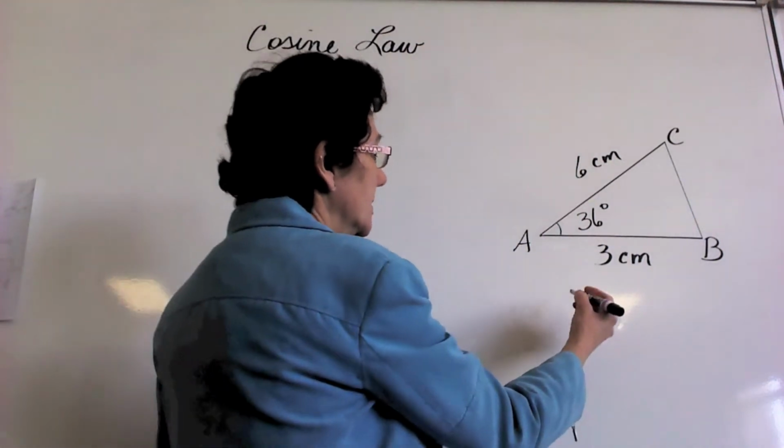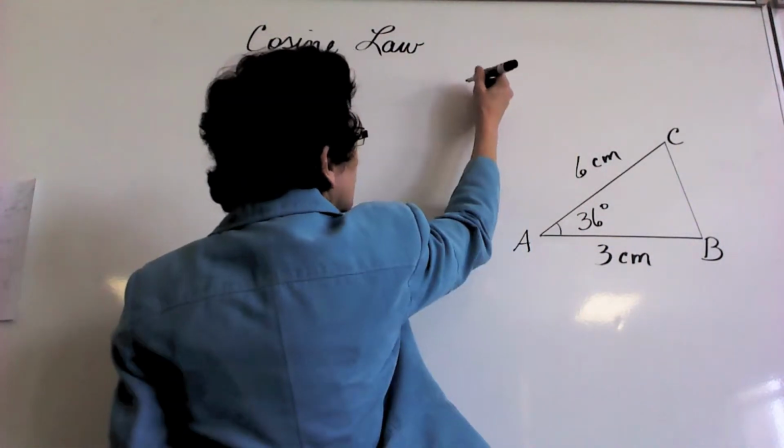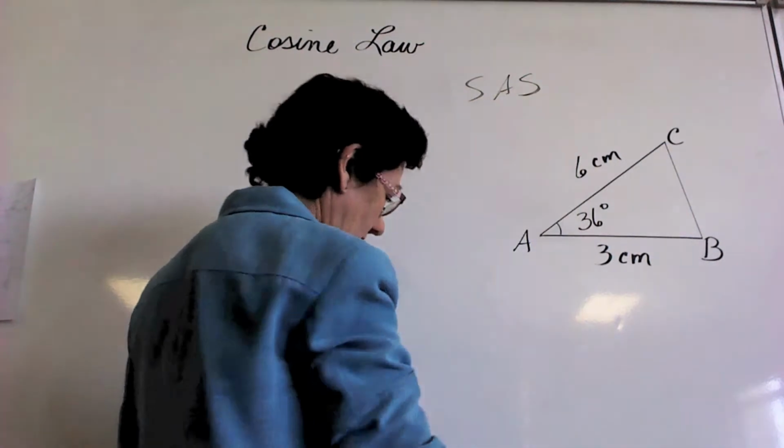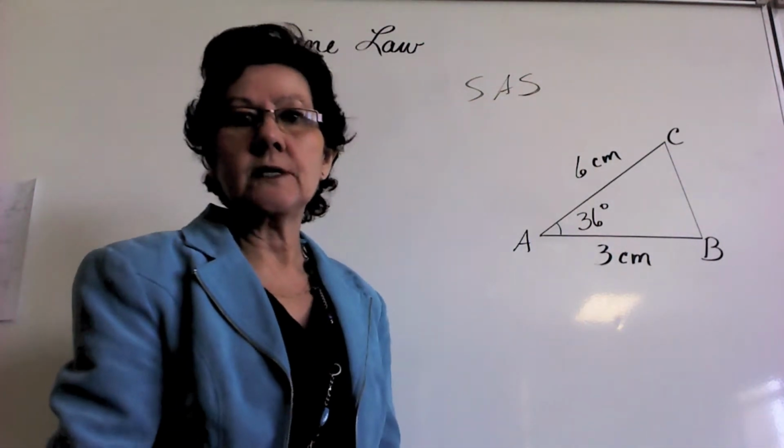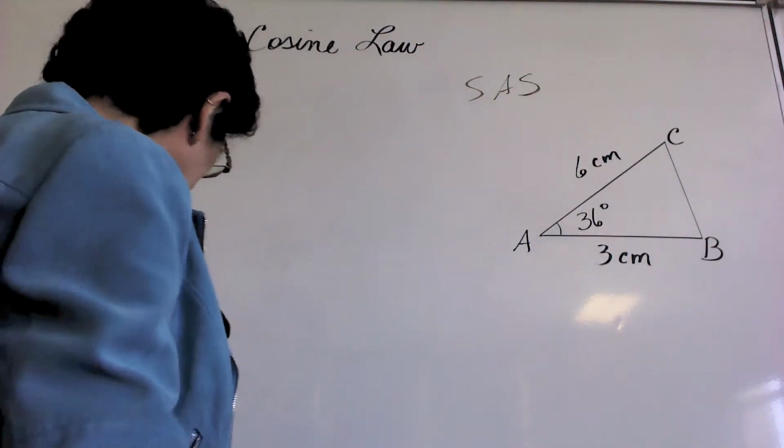This type of triangle is known as a side angle side, so SAS triangle, and that'll require us to use cosine law.